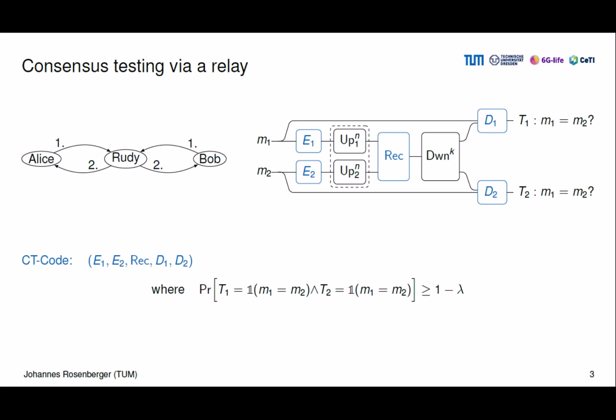Are the messages equal? Such a code consists of 2 encoders, a recoder, and 2 decoders, where the probability that the test has the same output as the true comparison of the messages is high. If we hide, for example, the encoder of Bob, then in this case it's basically just an identification.